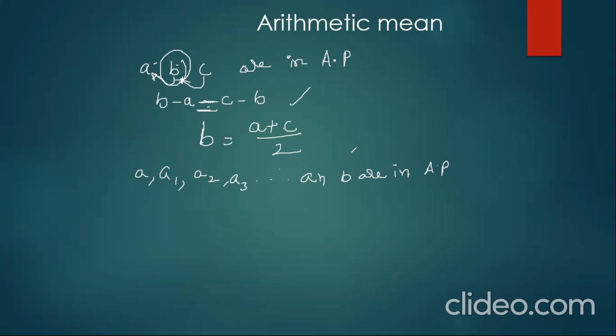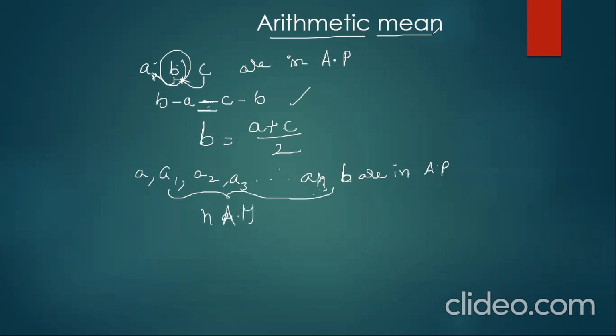Here A1, A2, A3, An are called n arithmetic means, right? Whatever numbers are present between the first term and the last term are called arithmetic means. Here how many arithmetic means? n, because this is the nth term. That's why we have n arithmetic means.